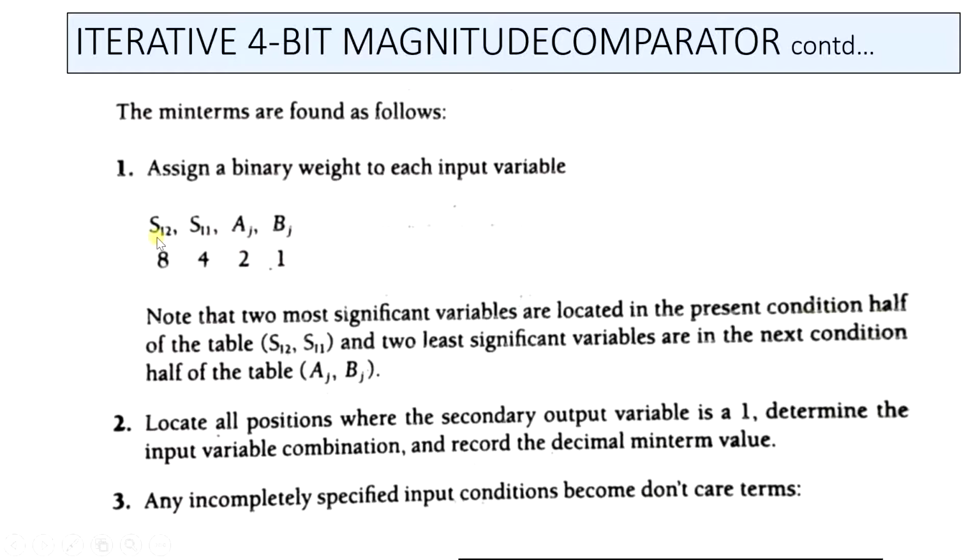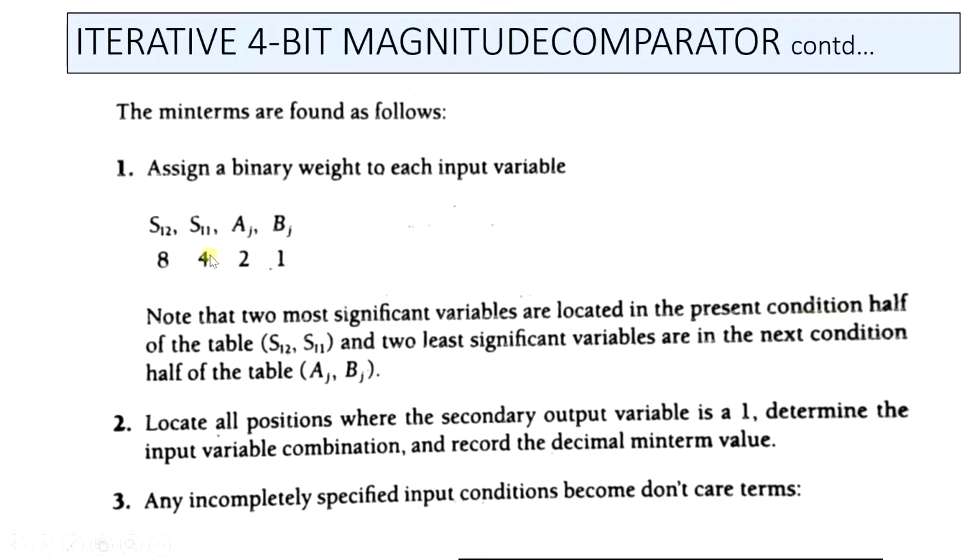So first we need to assign SI2, SI1, AJ, BJ. So you can see that this is the way we consider the weight for each input variable in this particular format, wherein SI2, SI1 is the most significant bit.